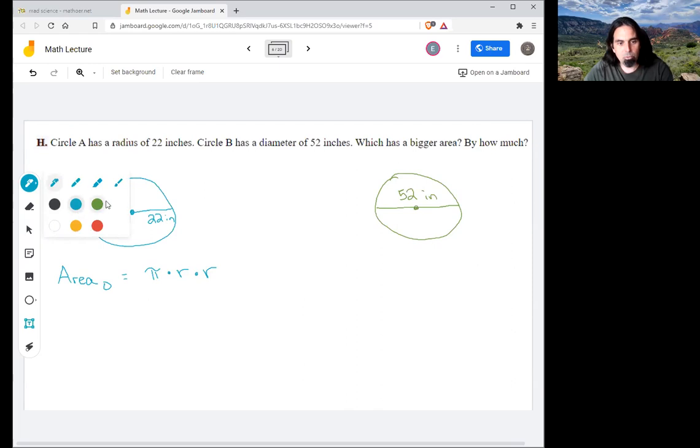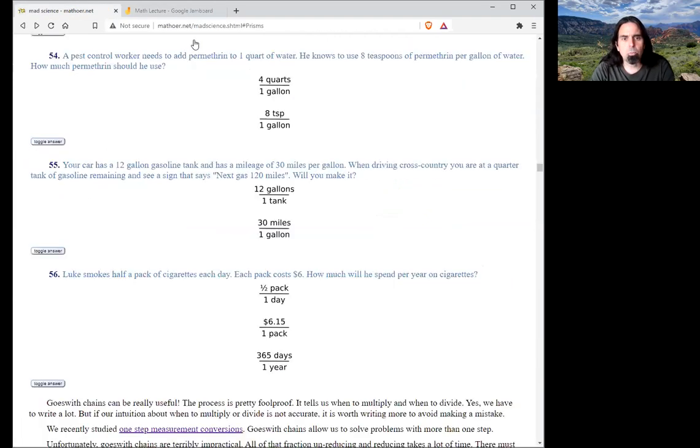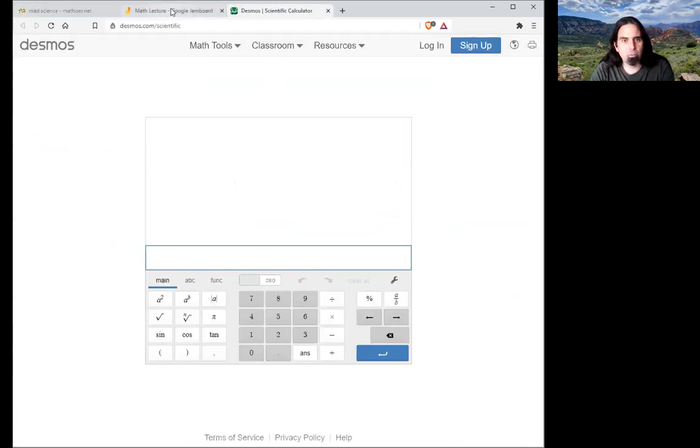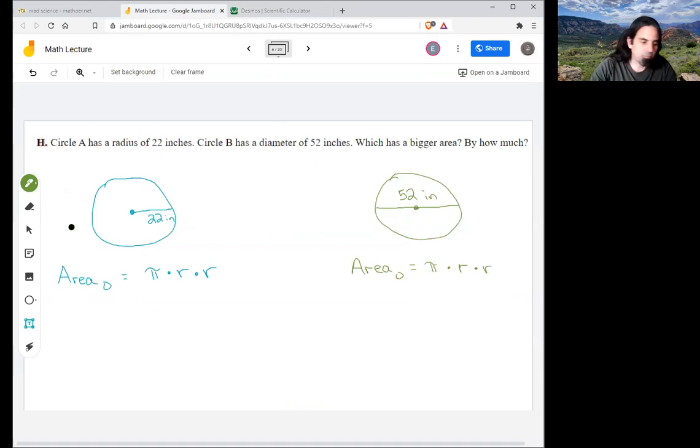I'll write that for both of them. I'm actually going to open our Desmos calculator so that I have that ready for pi.